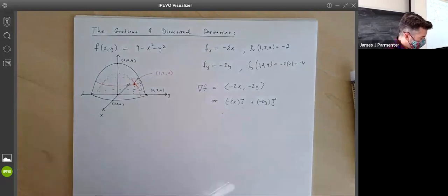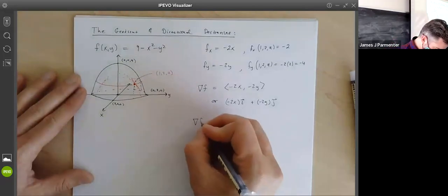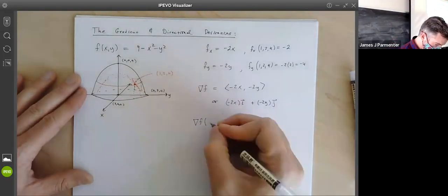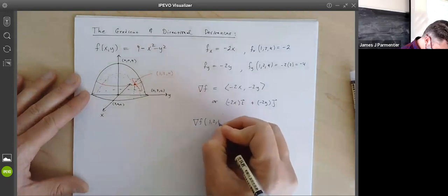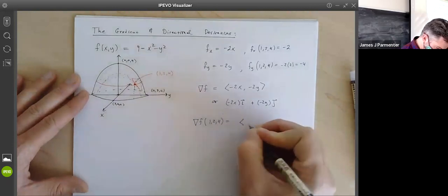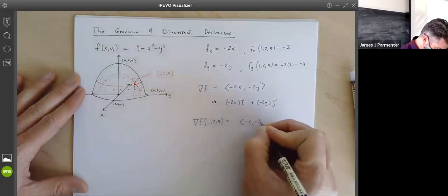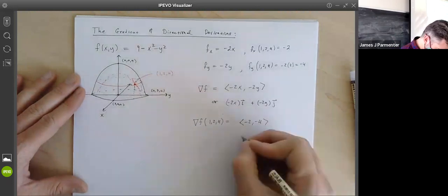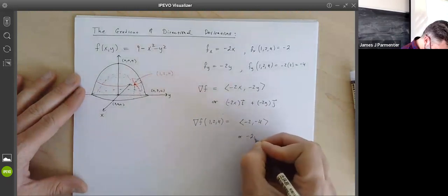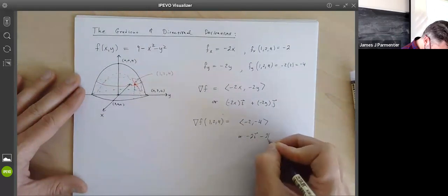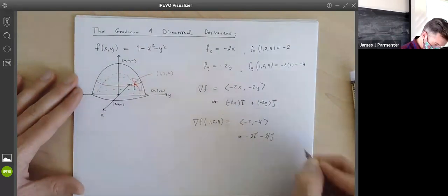And specifically, the gradient at this point, 1, 2, 4, is the vector negative 2, negative 4, or minus 2i minus 4j.